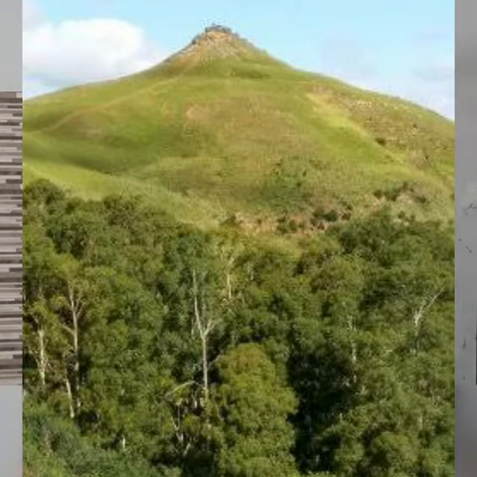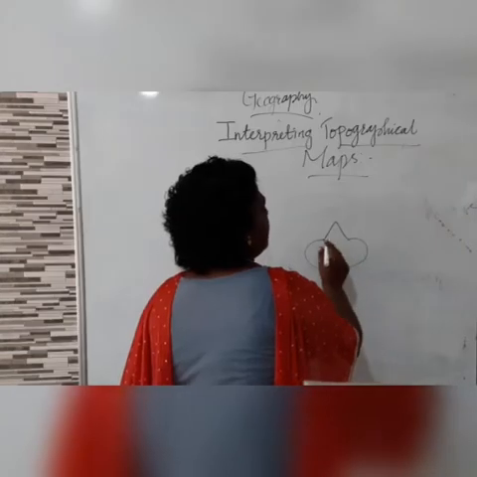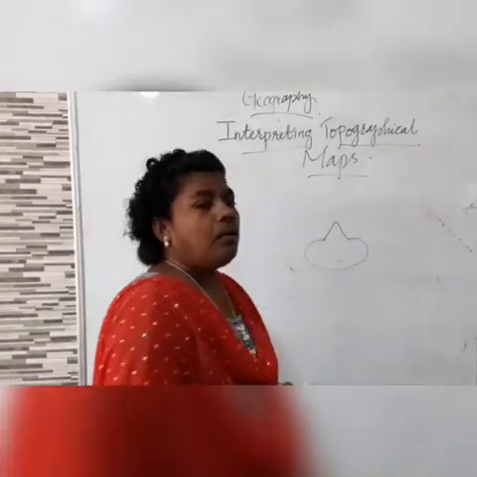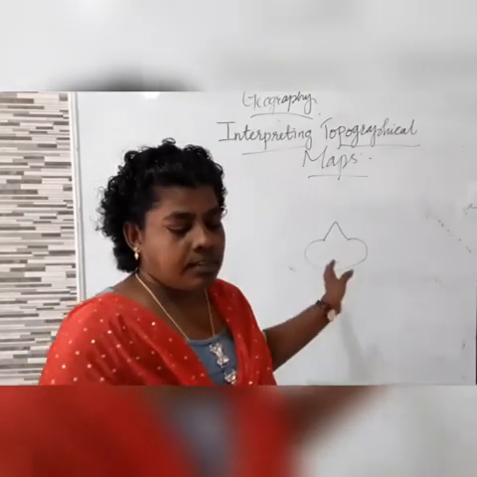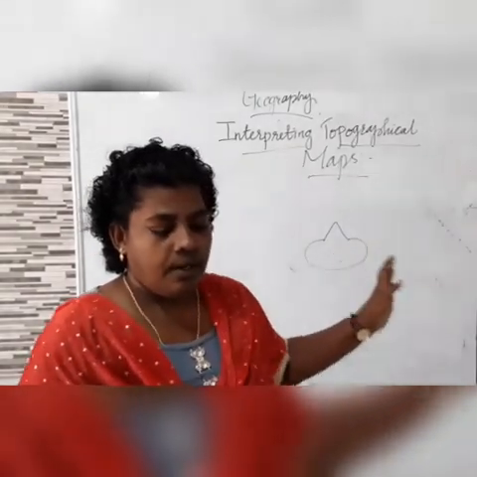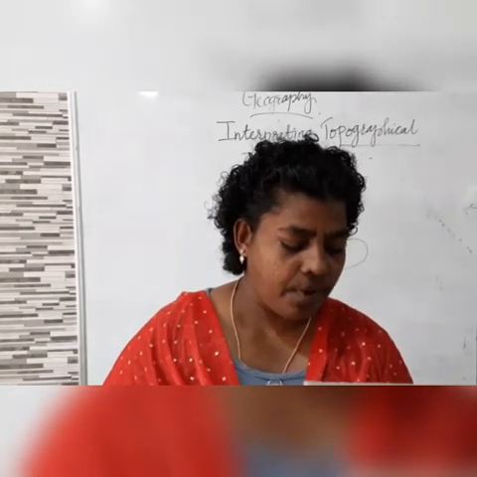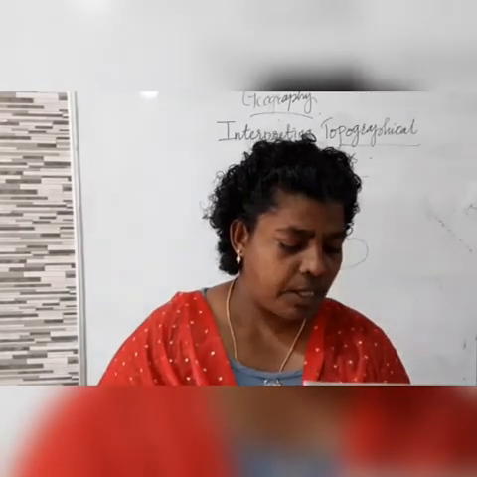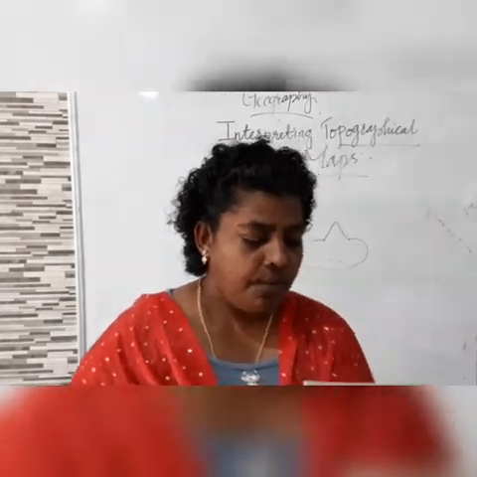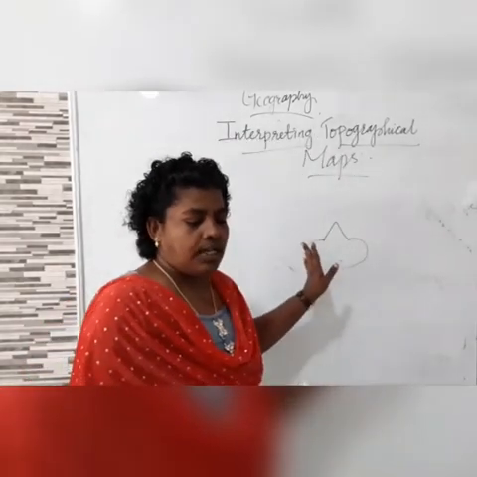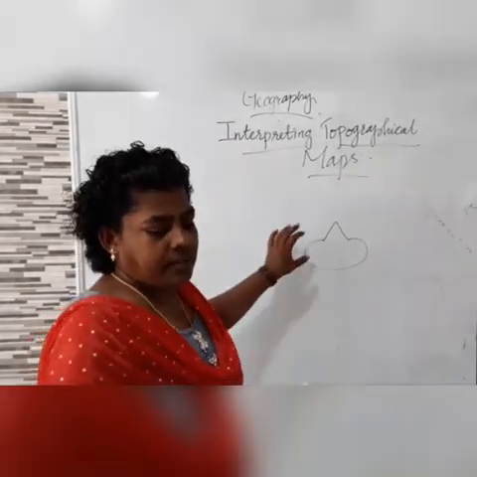For example, the surrounding area will be there, and in the middle there will be a little conical shape. It is called what? Conical hill. The conical hill is simply a low elevation hill in the shape of a cone with uniform steepness on all sides.